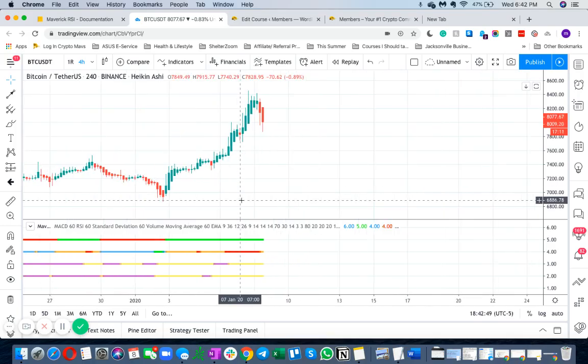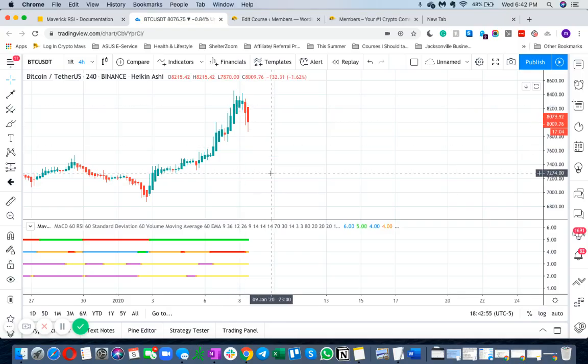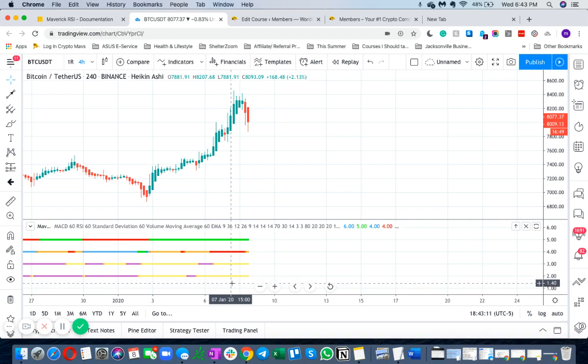And so for those people that were seeing Bitcoin yesterday and thinking, oh, it's at 8,200, I'm going to enter a long position, well, if they had just taken 2 seconds to look at the Maverick meter, they would have seen that, hey, it's probably not the best time to do that because of what we're seeing here with these three indicators.